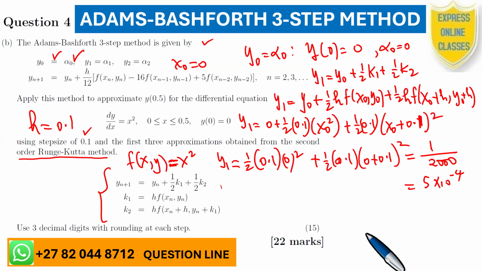Okay, yeah, that is y1. Then we need to get y2 by the Runge-Kutta. So we're going to have, for example, the following.